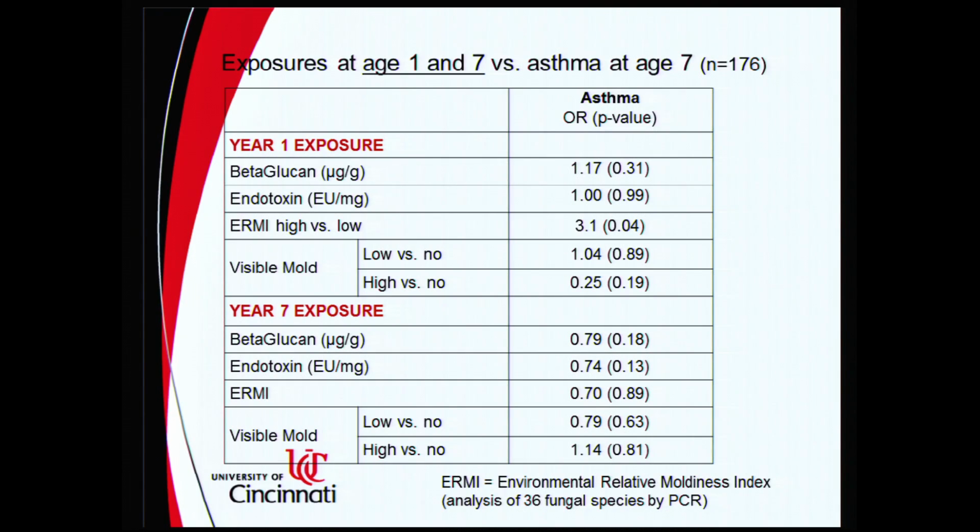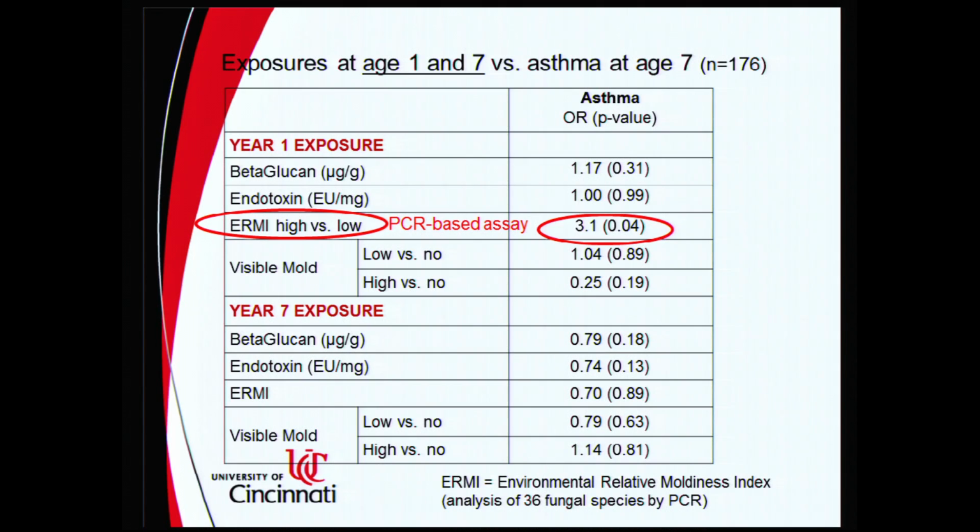Among dust beta-glucan, dust endotoxin, the PCR-based assay of mold, and visible mold, the only one associated with asthma at age 7 was the PCR-based assayed mold, the ERMI index. If the home had a high ERMI index at age 1, the child was more likely to have asthma at age 7.